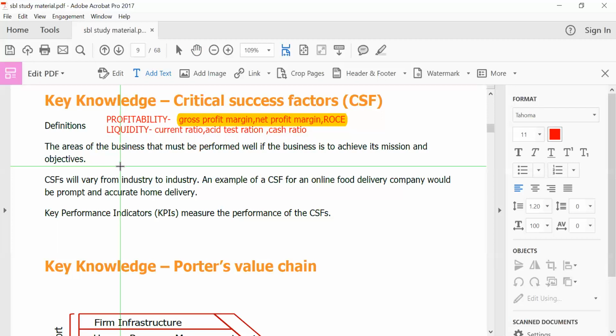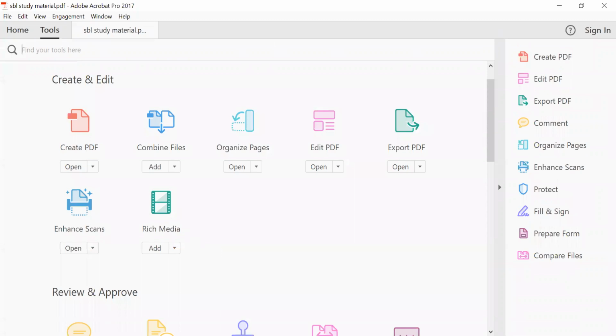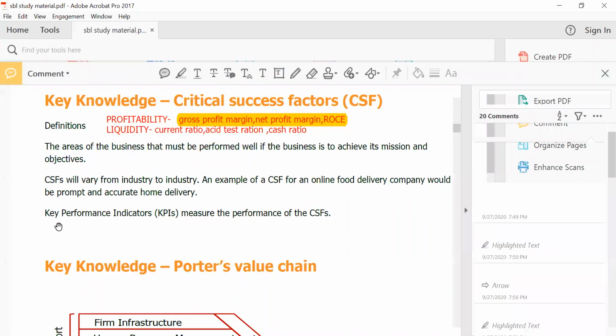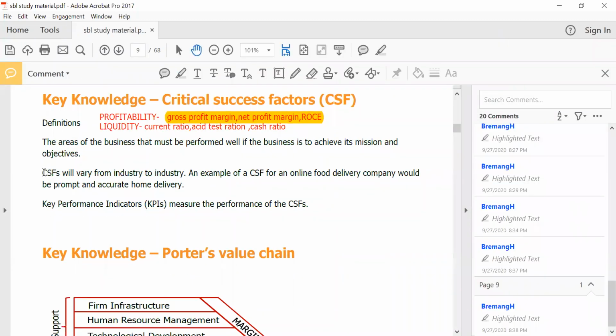So you are saying that the areas of the business that must be performed well if the business is to achieve its mission and its objective are critical success factors, that is CSFs. Critical success factors will vary from industry to industry and even firm to firm.